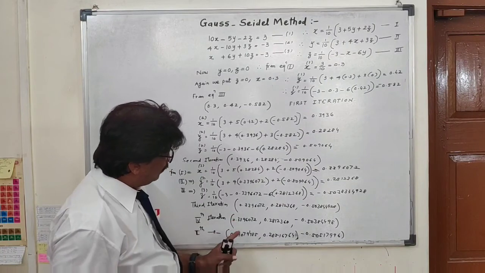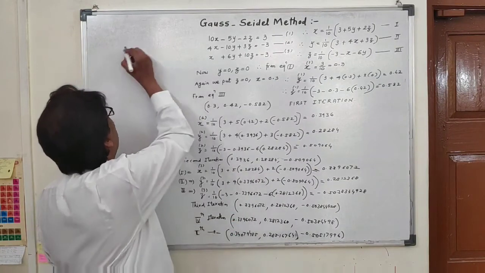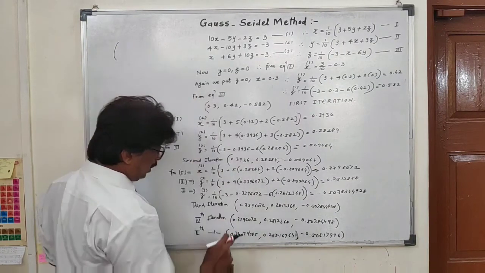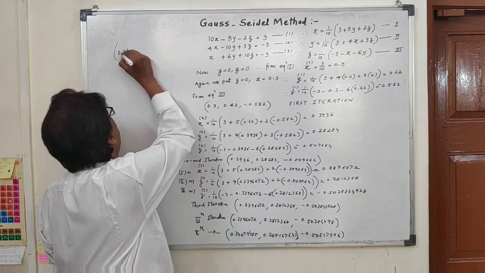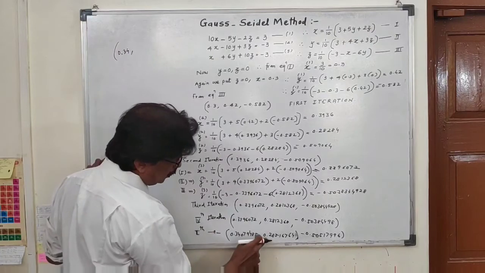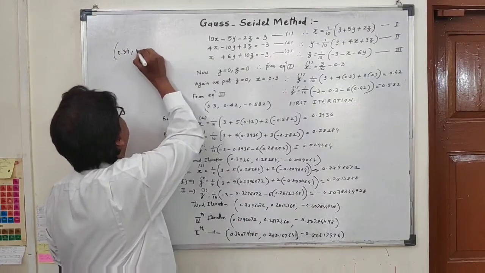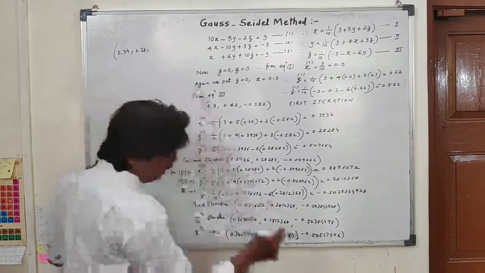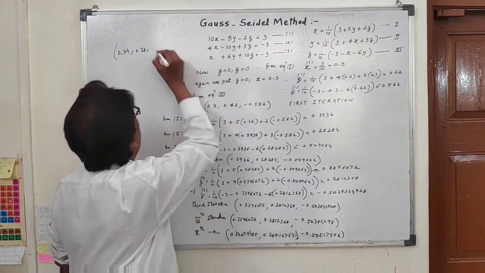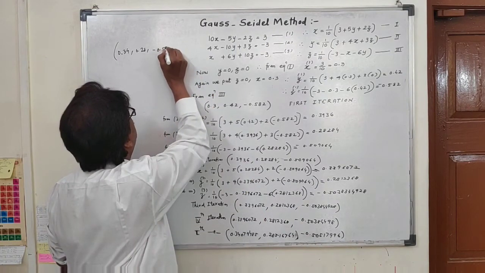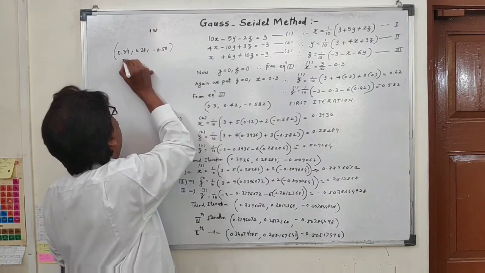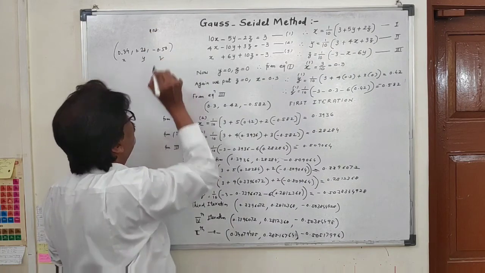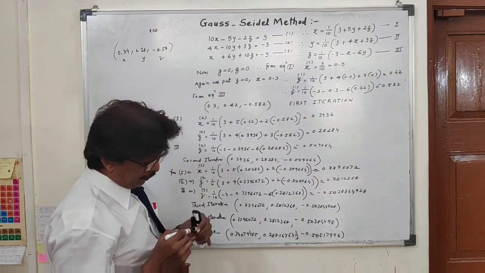So from the 4th and 5th iterations we see that the value of x is 0.34. We consider only the first two digits: 0.28 and minus 0.50. This is the answer, the value of x, value of y and value of z.